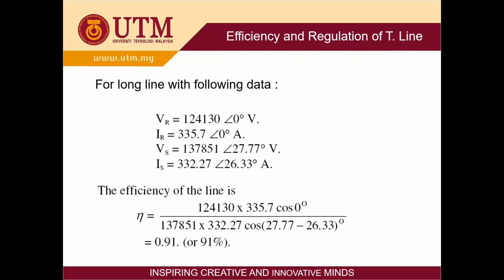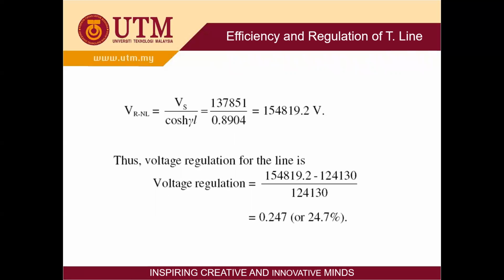Okay, the same thing you can also see from this one. This is for the long line, which is not covered in our syllabus, but we can use this data to calculate the efficiency and also the no load.